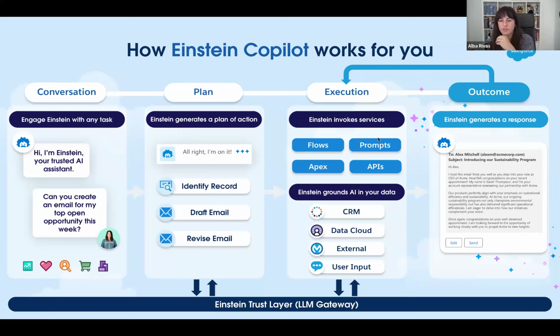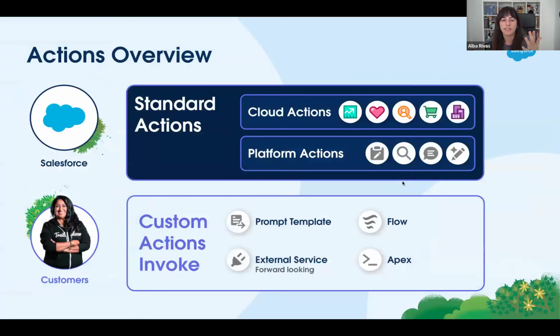The actions, you can see here that I have flows, prompts, Apex, APIs, and this is because the actions can be standard, but can also be custom, which is something very special of Copilot, because in the Salesforce platform, we want you to be able to integrate and extend everything, and that's feasible thanks to Copilot.